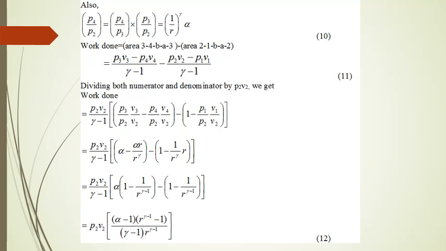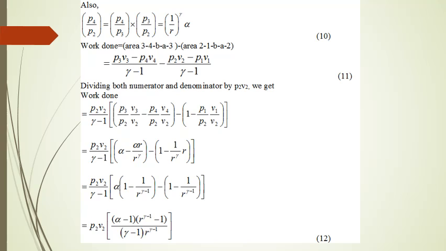Now first of all we want to find out the work done. Work done is nothing but the area enclosed by the geometrical figure of the cycle on the PV diagram, that is the net cycle diagram area, which represents the work.